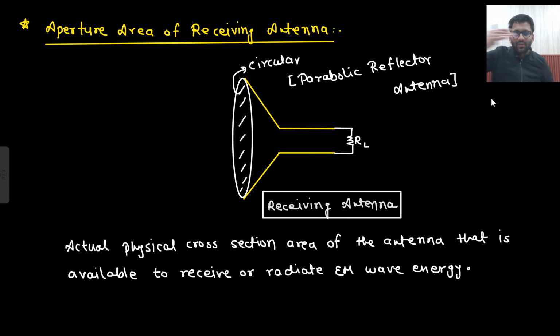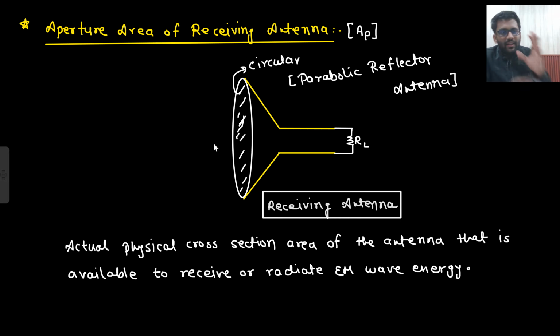Sometimes in the questions this term can be written, so you should be thinking that we are taking our aperture area to be circular. Is that clear to you? Okay. So the aperture area of a receiving antenna is denoted as AP. Now in an antenna, this complete area is also not available to absorb the energy.